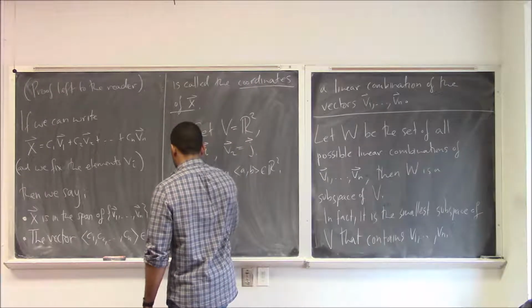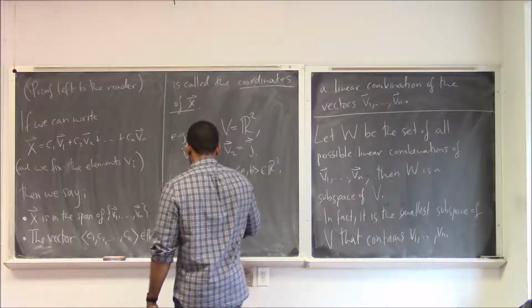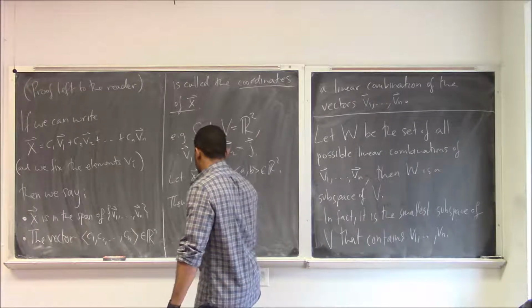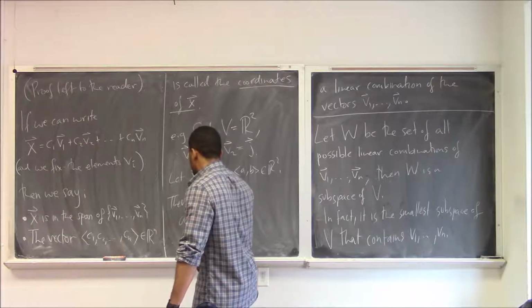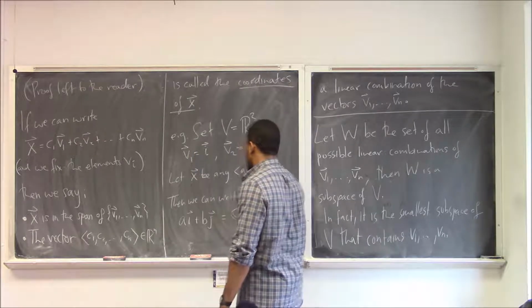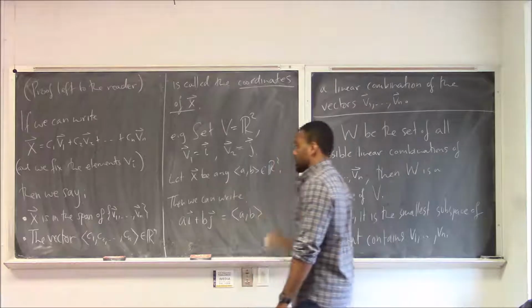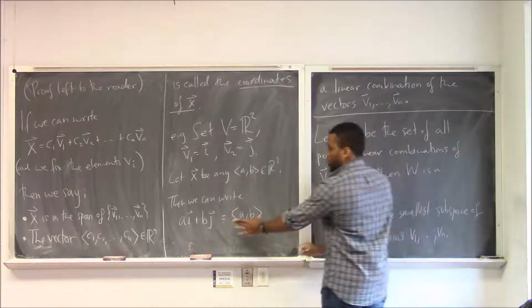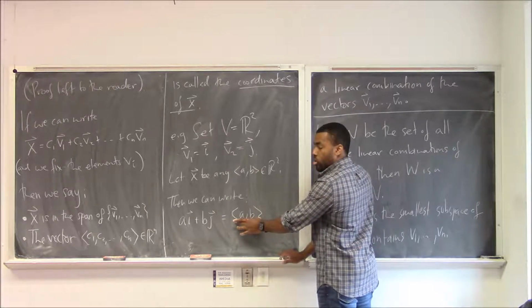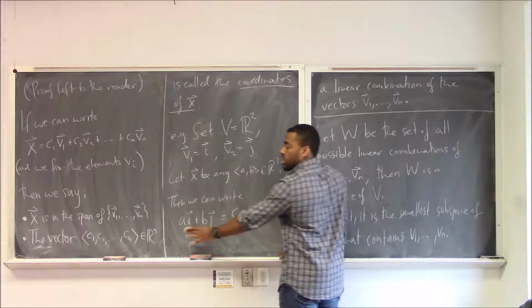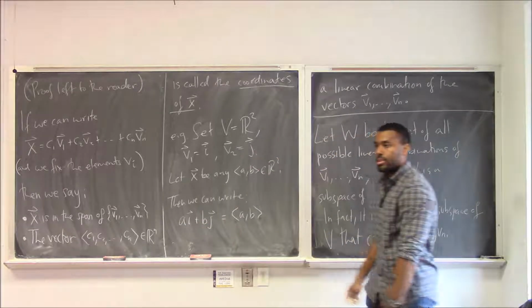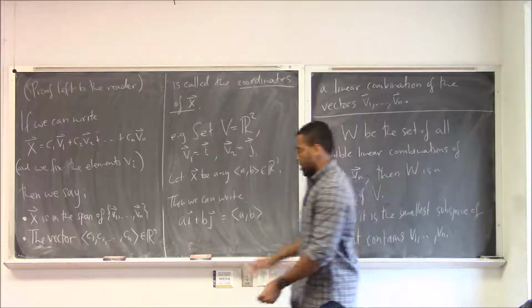Then we can write ai plus bj in order to accomplish this guy here. And so usually when we talk about coordinates, we're thinking of pairs, but for our purposes, we'll also start to think of this as just a linear combination of certain vectors that can span enough elements that we like.